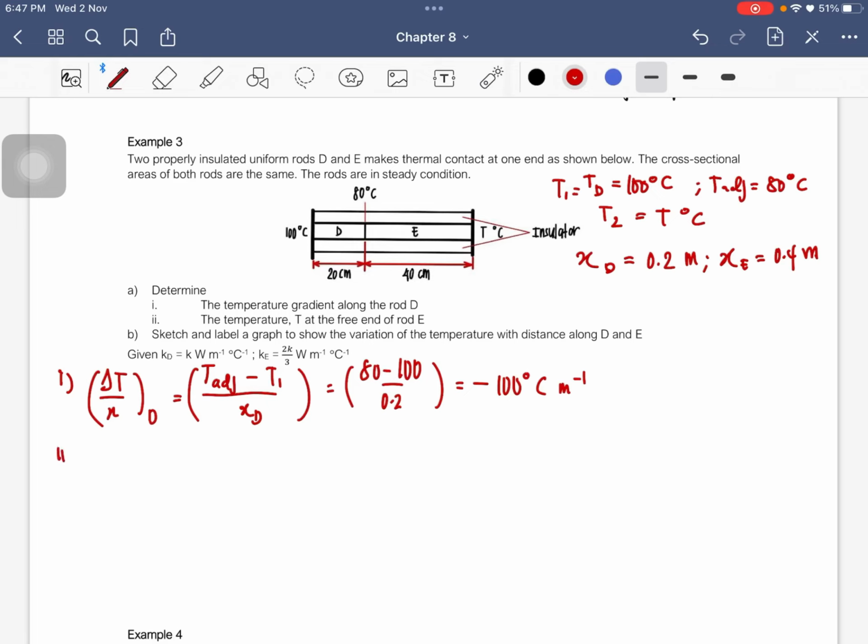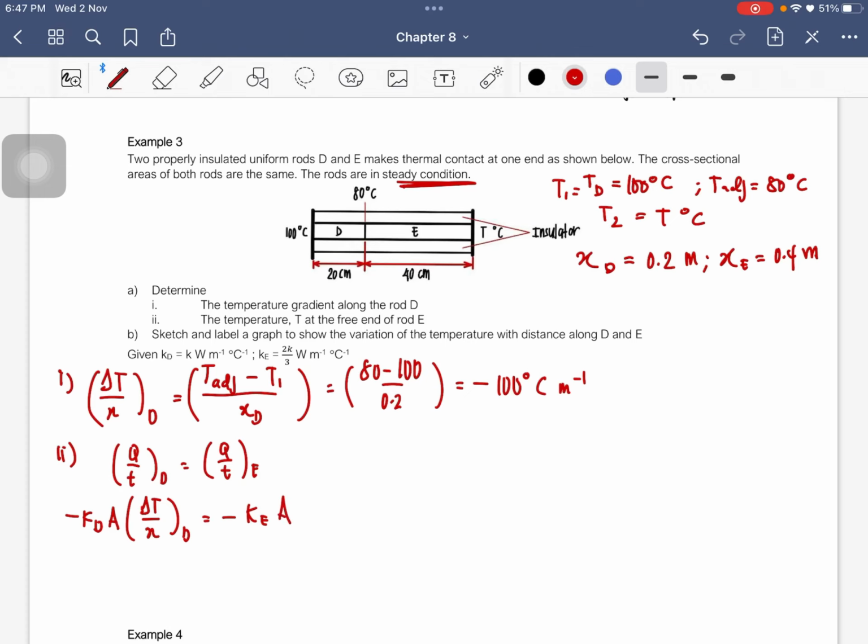Next, the temperature at the free end of rod E. Since the question mentioned that they are in steady condition, we can state that the rate of heat transfer for both materials is the same. If we substitute, the cross-sectional area is the same, so we can just put A there. We can write like this.